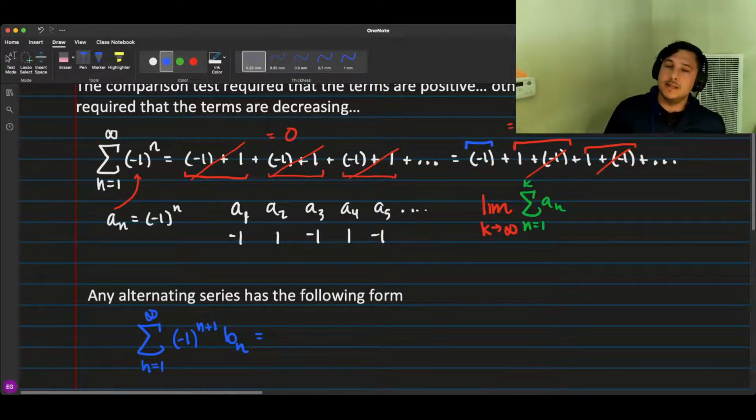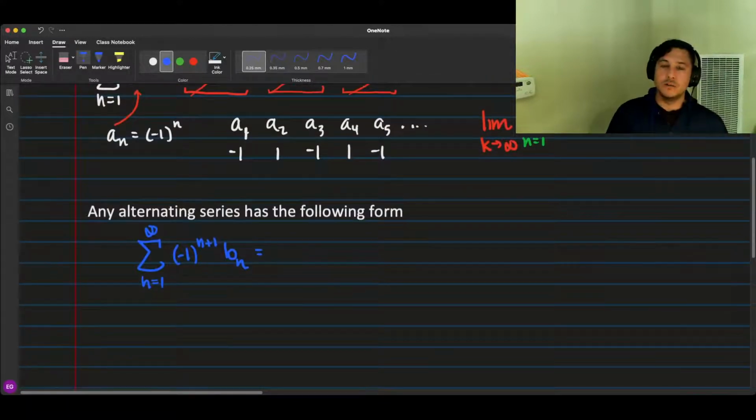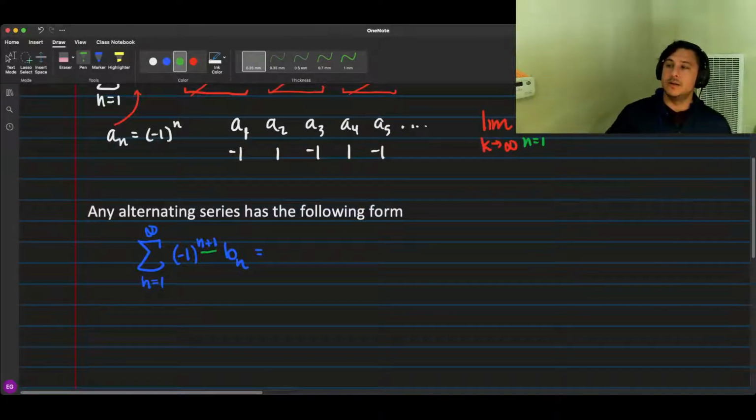Because the power is n+1, is my first term going to be positive or negative? You have this n+1 right here, because when you plug in 1 for n, n+1 gives you 2, so you get a positive.